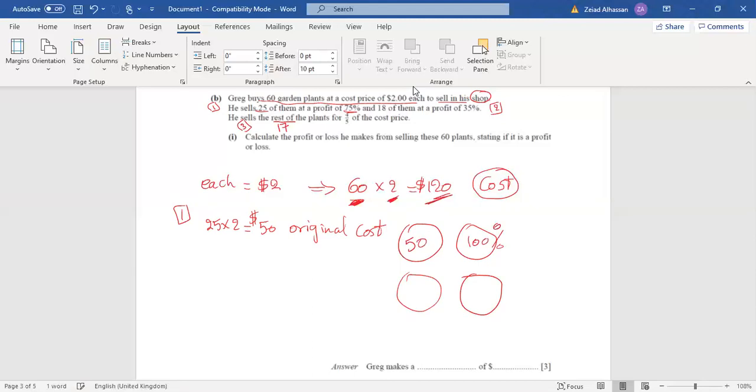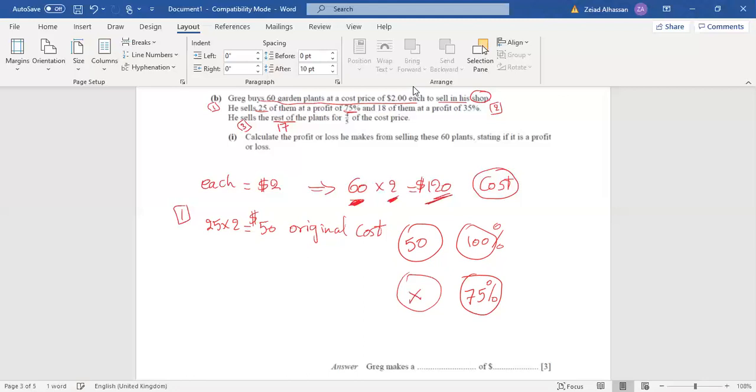We need to calculate at a profit of 75%. We need to know how much profit he will get from those 50. So that's your X.